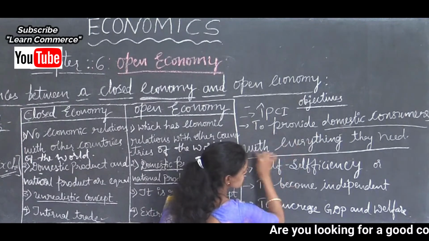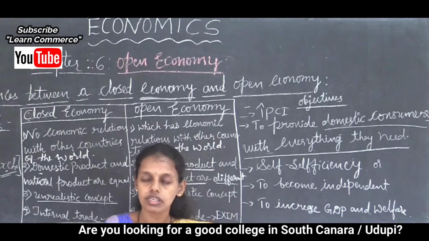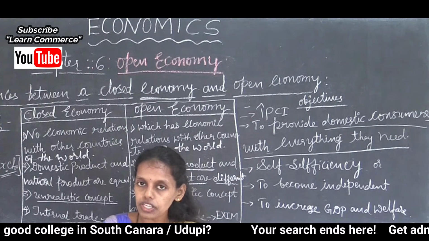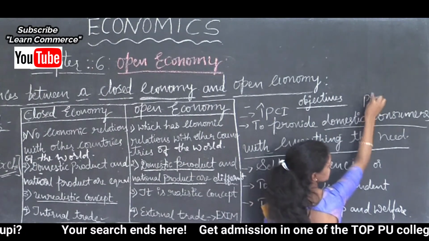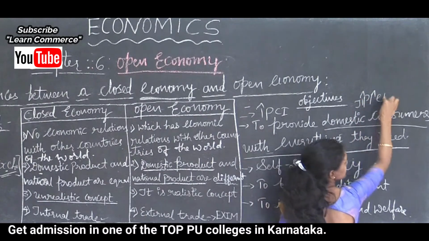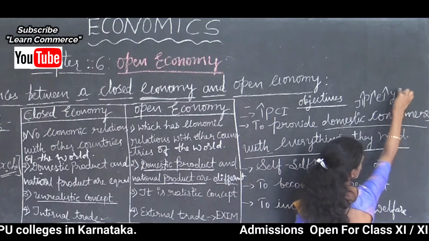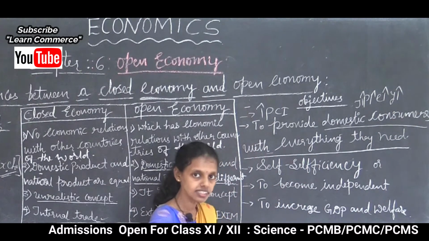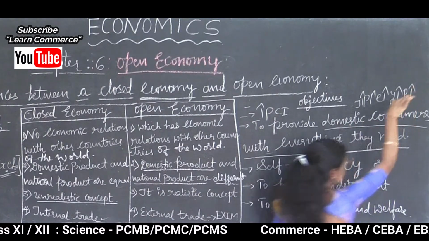To provide domestic consumers with everything they need means the main aim is producing goods and services. An increase in production leads to an increase in employment opportunities. When production increases, investment increases, employment opportunities increase, and income in the hands of the people increases. As income goes on increasing, the purchasing power of the individual also increases.